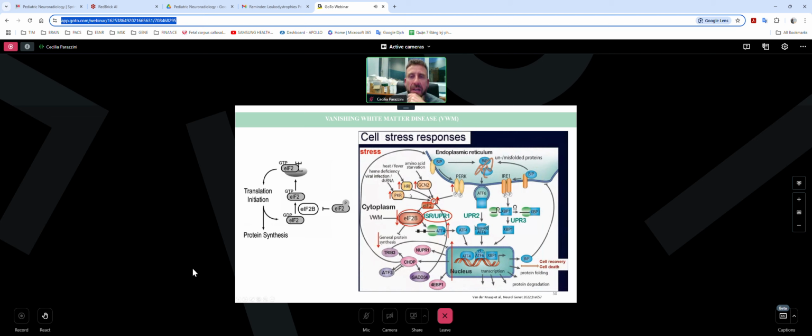But in vanishing white matter, eIF2B is chronically inactivated, and this ultimately leads to cell death.